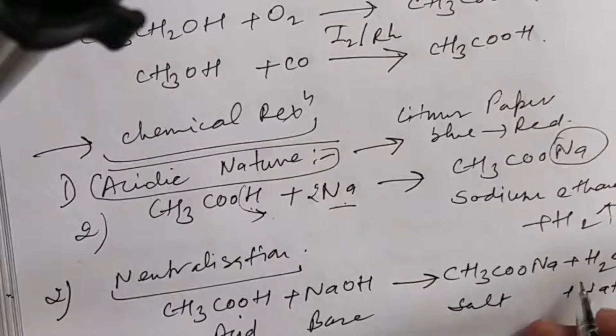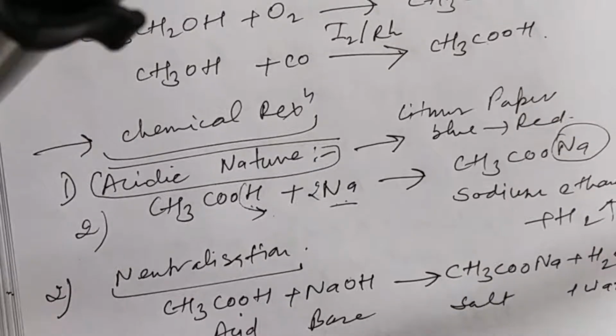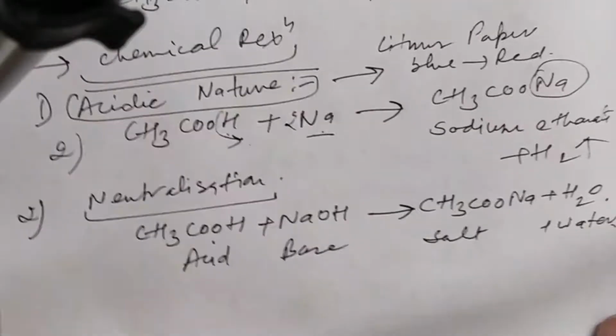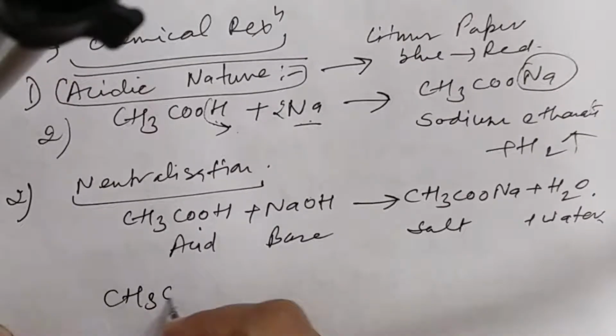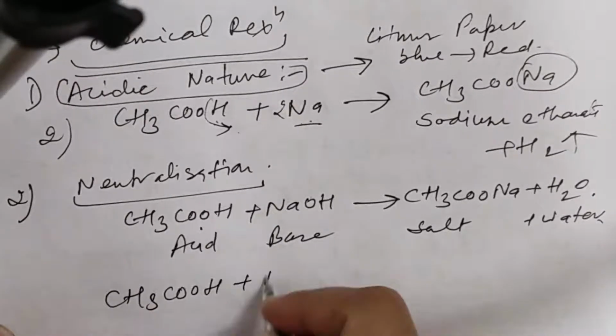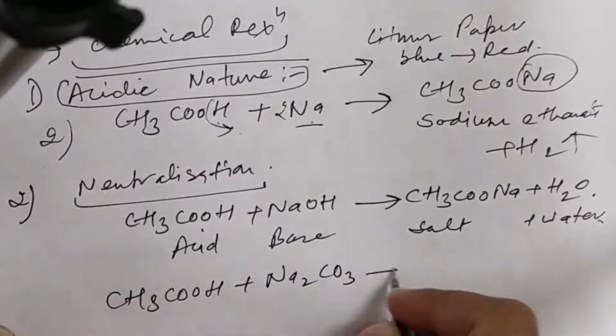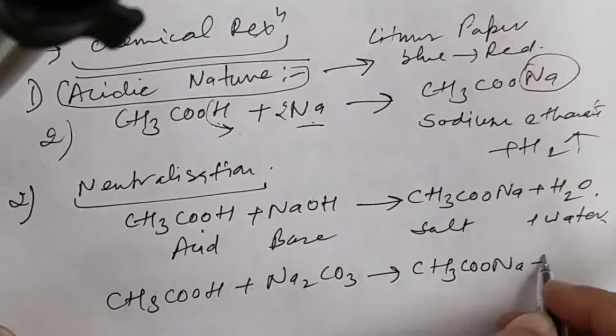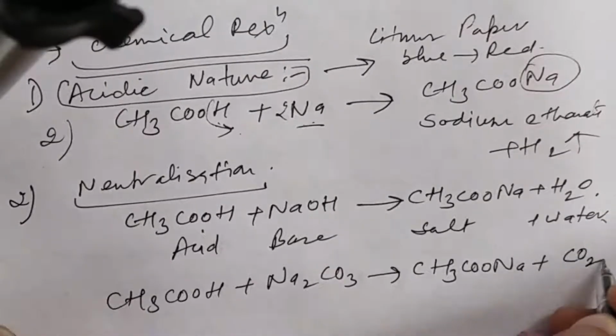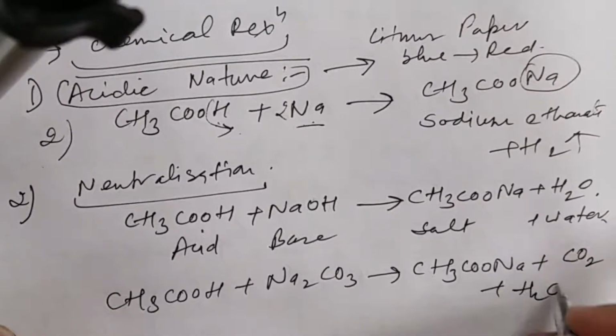Suppose we are taking the example of any carbonate salt, we are reacting here with a carbonate salt. Take the example of sodium carbonate. Then here sodium acetate with carbon dioxide and water is formed. Carbon dioxide gas is released.